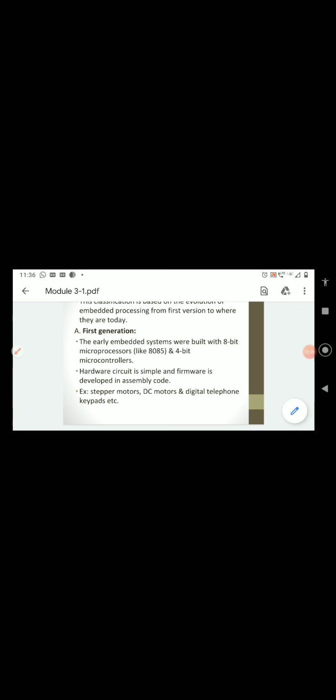You can see this classification is based on the evolution of embedded processing, from the first version to where we are today.